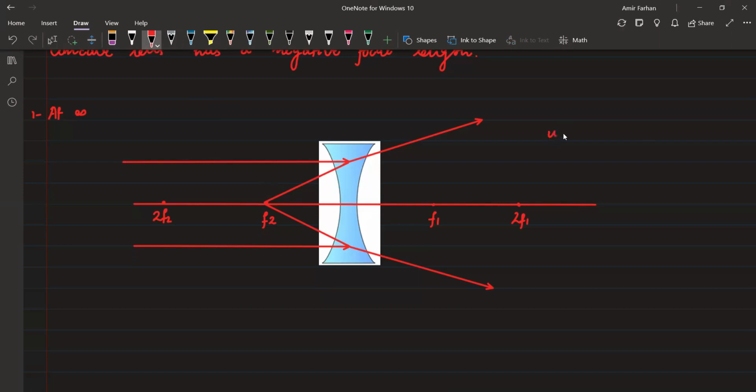So u is at infinity. v is at F2. Nature would be real. Sorry, not real. Virtual and erect.